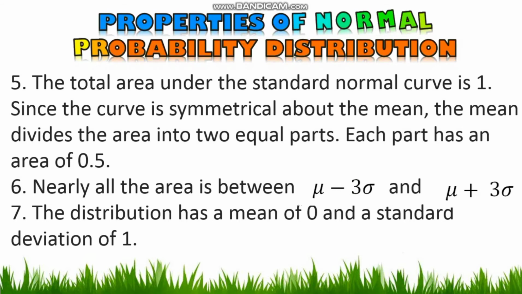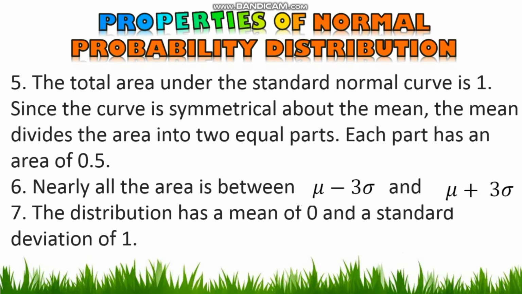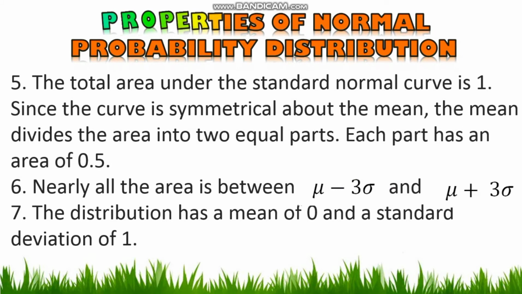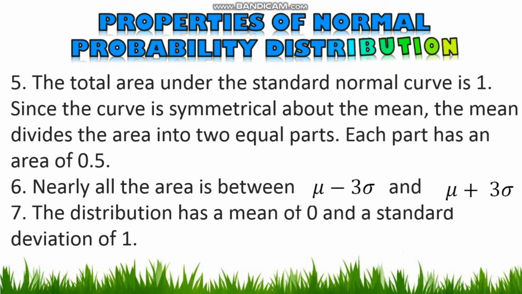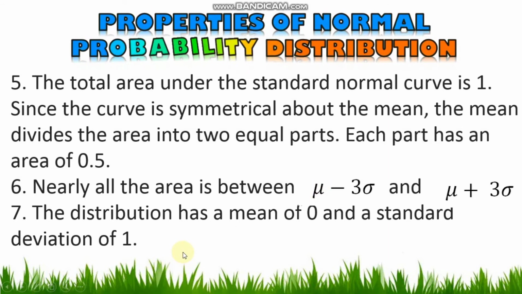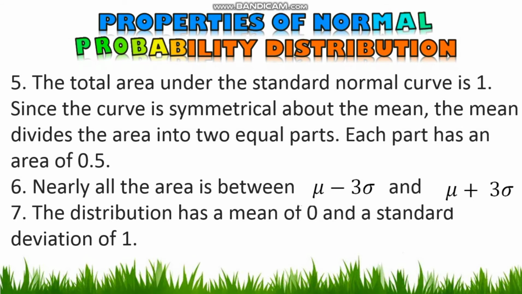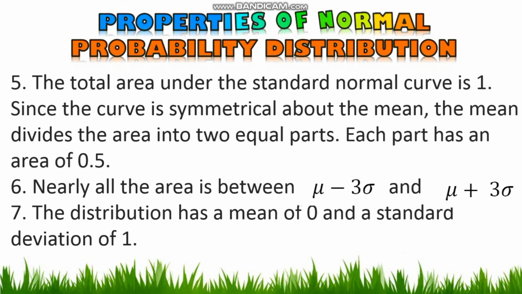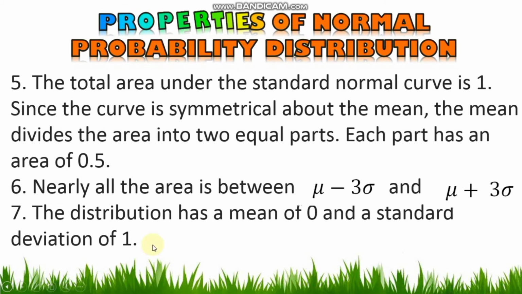So, all areas, nasa 3 na siya, cover na positive 3 and negative 3, halos makover na niya yung buong 100% na area. So, mamaya mapapansin ninyo yung ating table of areas hanggang 3.9 lang yata. Kasi halos makover na niya yung buong 100%.